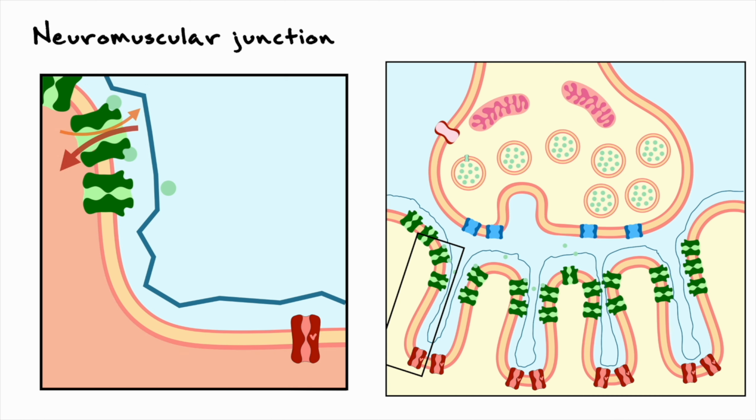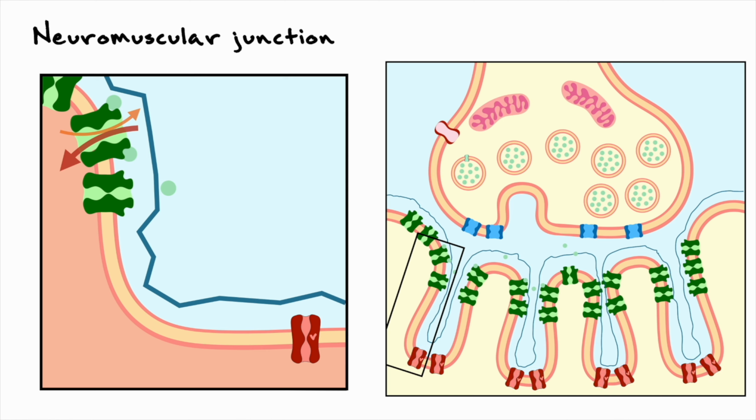Something I haven't mentioned yet, which is one of the most notable features of the neuromuscular junction, are the multiple folds it has on the postsynaptic side. The reasoning behind these folds is that they considerably increase the surface area in which the receptor channels can be embedded. Accordingly, the acetylcholine receptors are concentrated near the crests of these invaginations, while voltage-gated sodium channels are concentrated in the troughs.